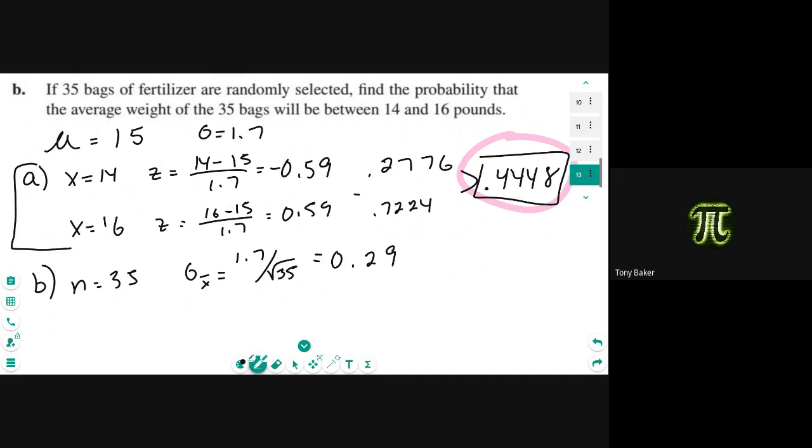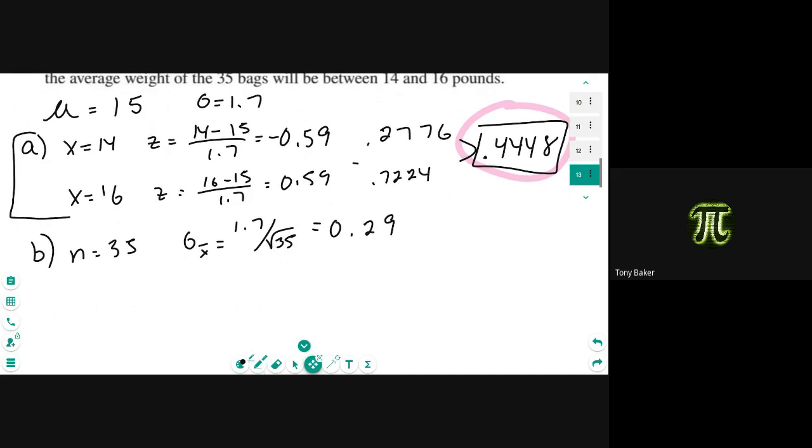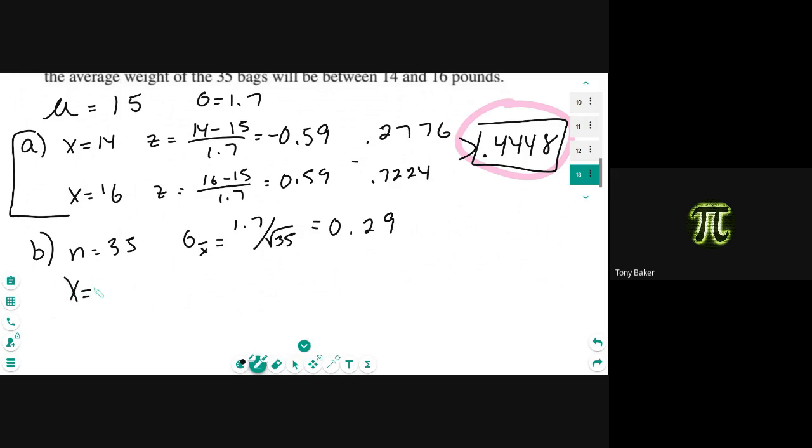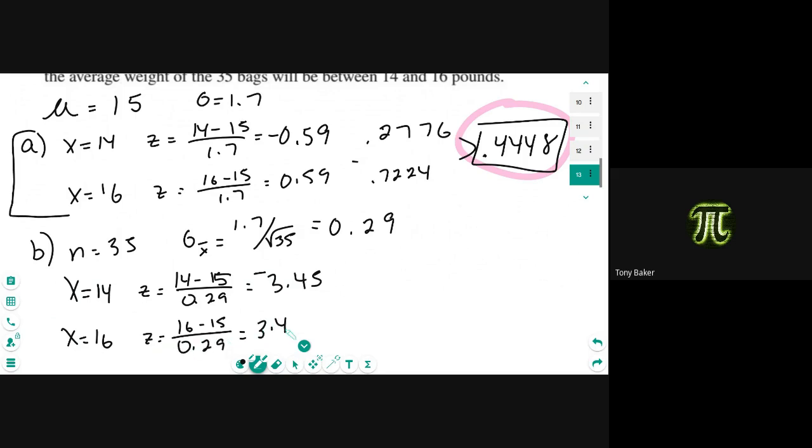That's the only thing that changes. Your table goes up to 3.49, right? Yeah. Okay.